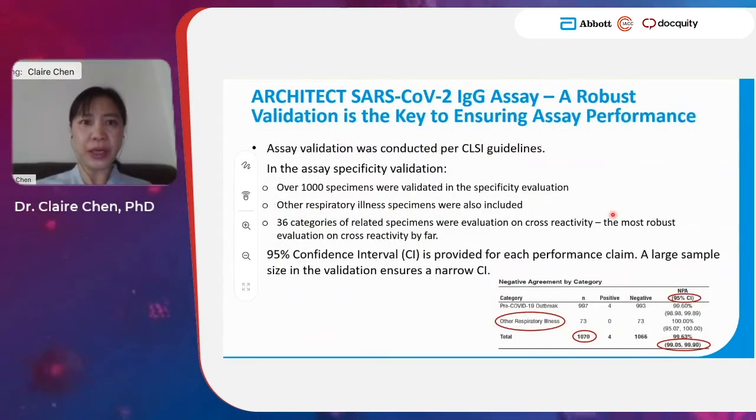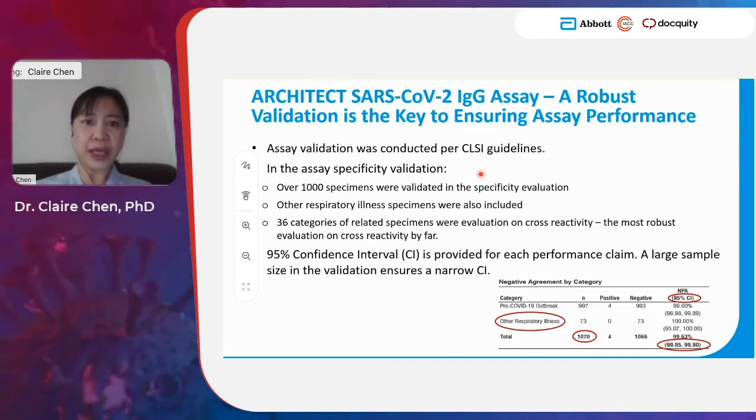So I just want to emphasize a little bit more on the assay performance, because although we developed this assay in a short period, shorter than what we have ever done for other assays, we still strictly follow the CLSI guidelines in our assay development.